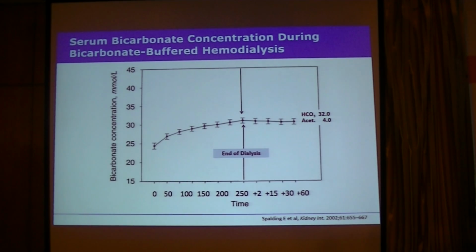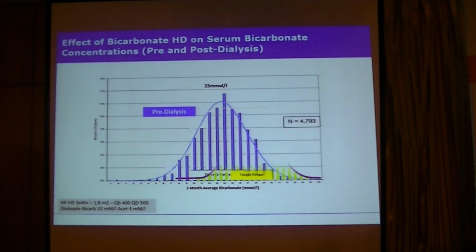If you are using 4 millimole, which is standard, usually your bicarbonate is increasing by 2 or 3 millimole at the end of the session. Now, if you increase the acetate by 6, 7, 8 millimole, you have to be very careful because it can go a little bit higher. But still, bicarbonate is not stopping at the end of the session. You have to understand there is this sort of overshooting after the session due to this bicarbonate generated by acetate or some acid.